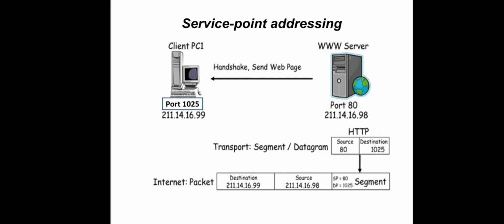Then it will pass that into the network layer, where this extra information will be added. This part will be attached by the transport layer with every segment. So that is the first function, that is service point addressing.